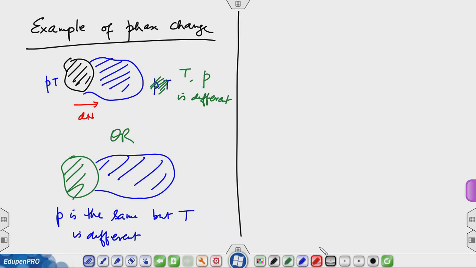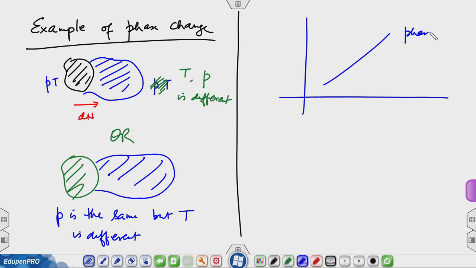So recall, when we were studying first order phase changes, we had this phase line; this is T, this is P. One side is phase 1, one side is phase 2, and this fellow may come to phase 2 by changing phase.